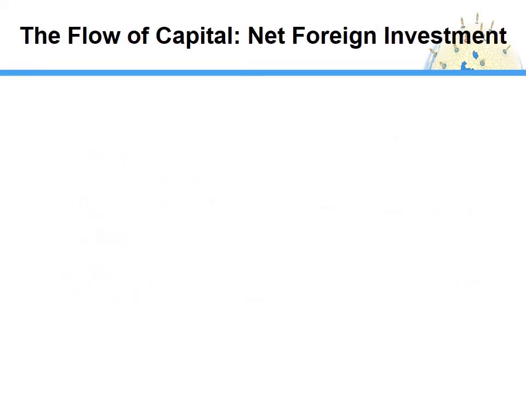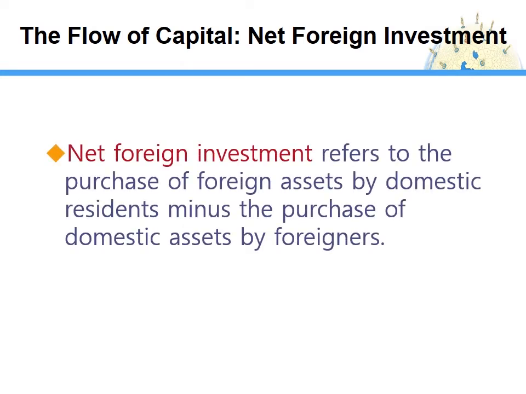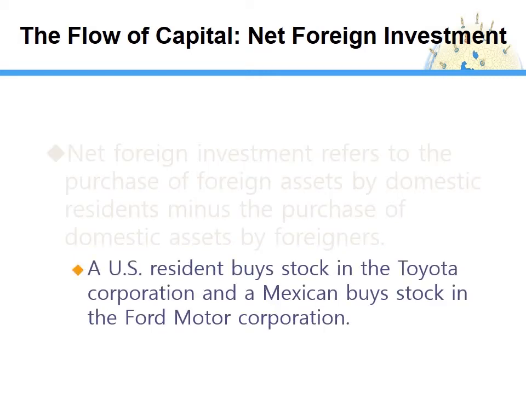And then I will explain about the flow of capital. First one is net foreign investment. It refers to the purchase of foreign assets by domestic residents minus the purchase of domestic assets by foreigners. For example, a US resident buys stock in the Toyota Corporation and a Mexican buys stock in the Ford Motor Corporation.